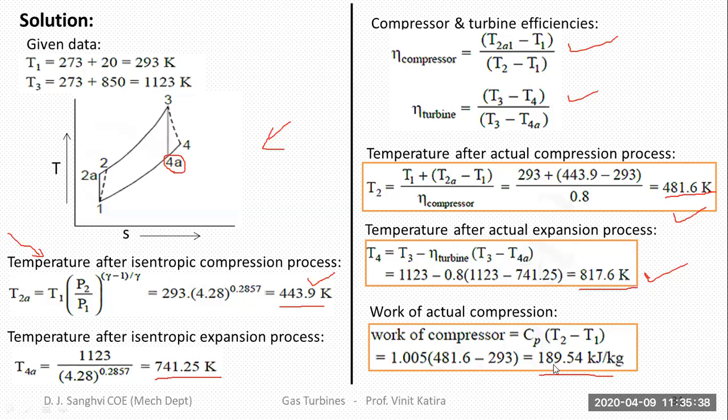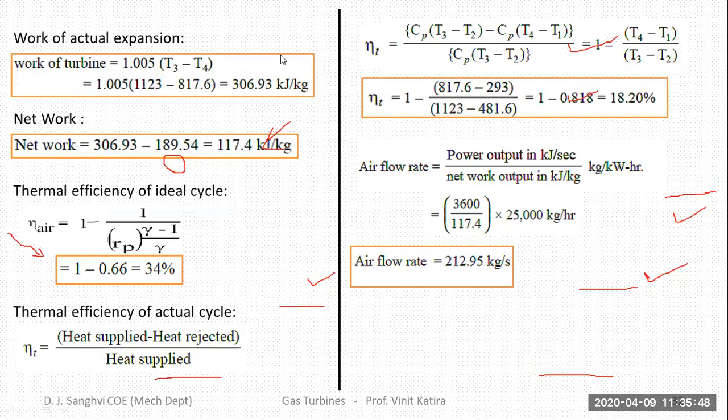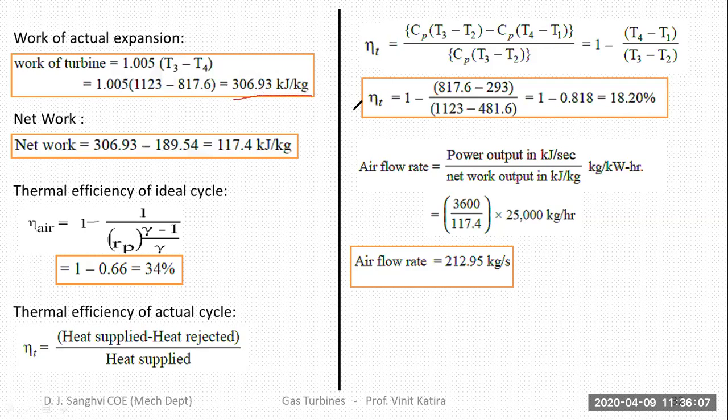ठीक है. So is everyone getting work of compression as 189.5 kilojoule per kg? Yes, sir. Okay. So we'll proceed now. Now we can find the work of expansion as well, which is equal to Cp into T3 minus T4. You should get around 307 kilojoule per kg.